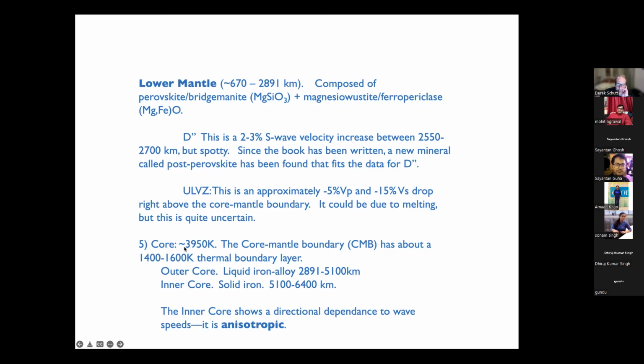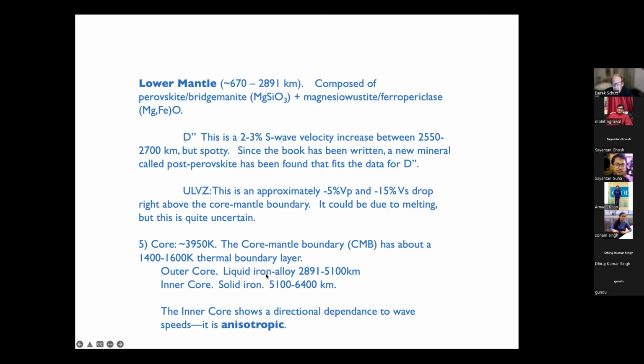Finally, the core is roughly at 3,950 degrees Kelvin. The core mantle boundary has a thermal boundary layer that's 1,400 to 1,600 degrees. So what that means is the mantle above the core is about 1,400 or 1,600 degrees cooler than the core.